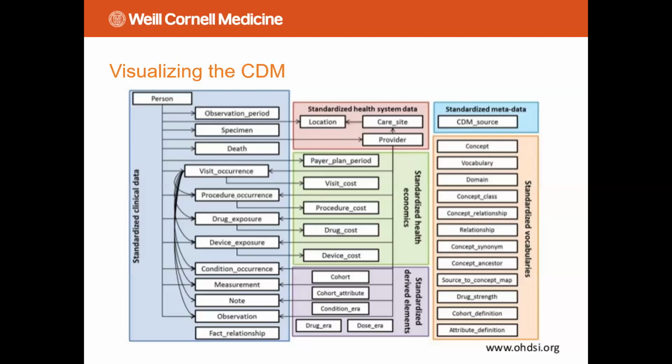Let's say you're a statistician working on a study, and in order for this study to work, you need to know two things. One, has the patient ever had a hemoglobin over 10? And two, were they admitted in the year 2000?